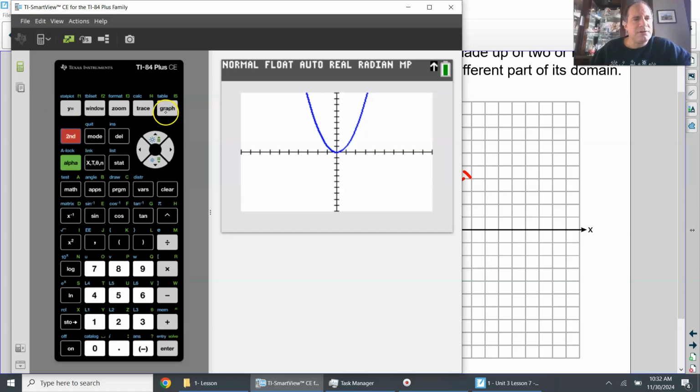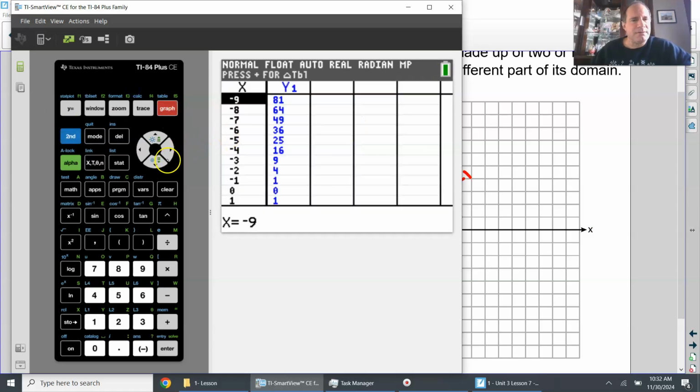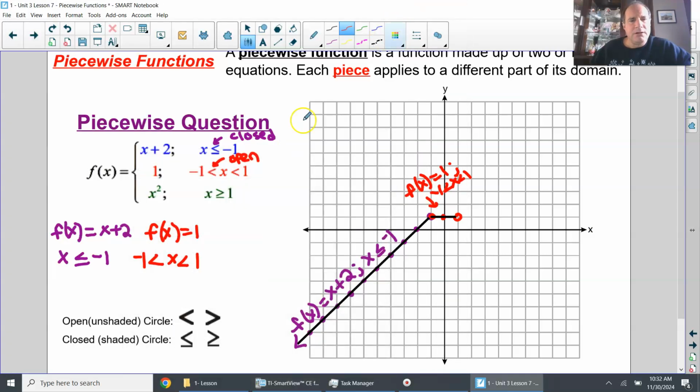So we're going to press second function table, just like we would do if it was a linear function. And we are going to go to f of x equals x squared. That is the third one that we are graphing. And then x is greater than or equal to 1.